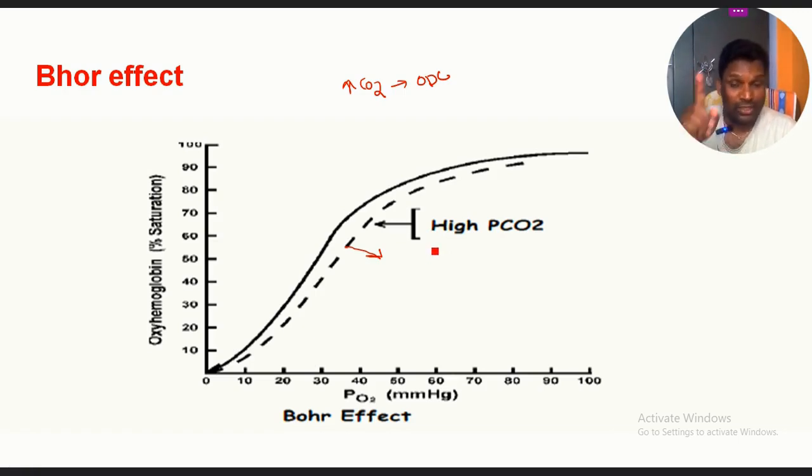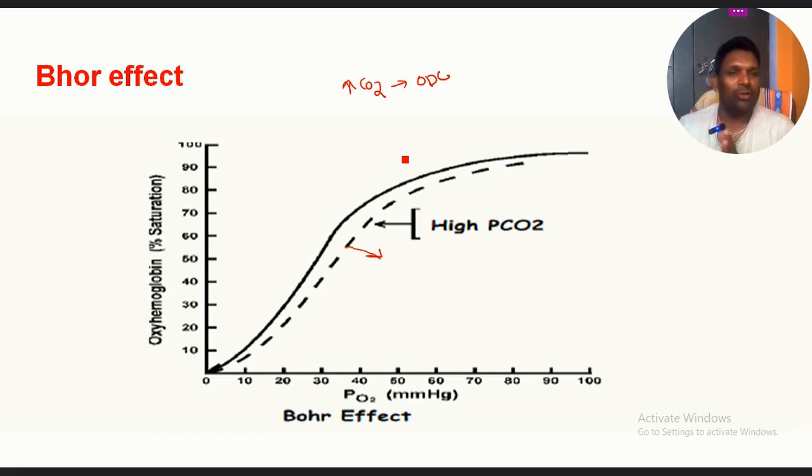So unloading of the oxygen, loading of the carbon dioxide. At the level of the tissue, unloading of the oxygen to the tissues from the hemoglobin and loading of the CO2 into the hemoglobin causes the curve to shift towards the right side, which is known as the Bohr effect.